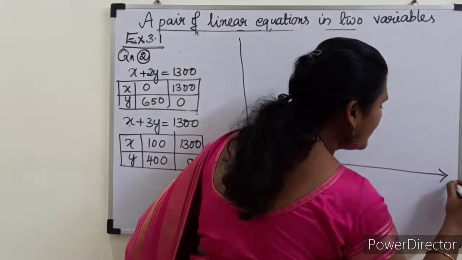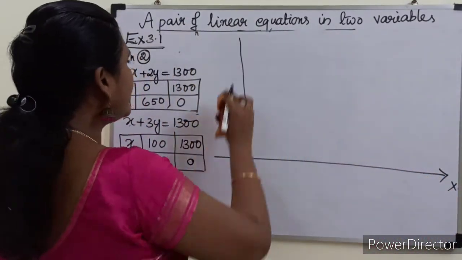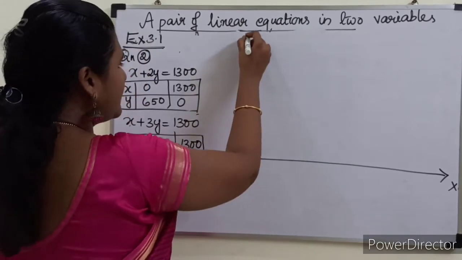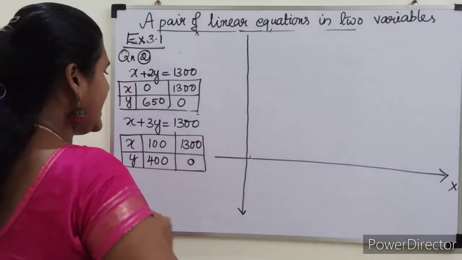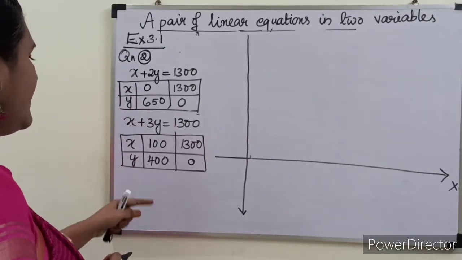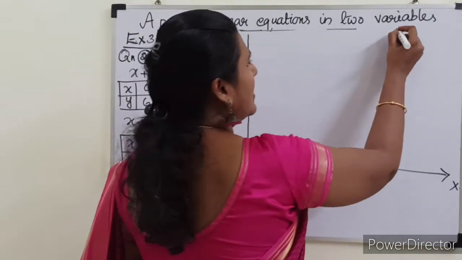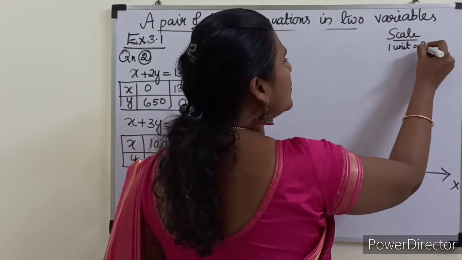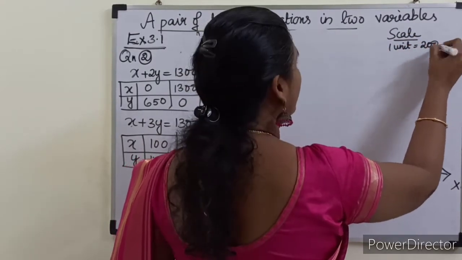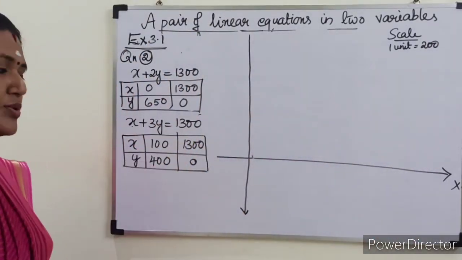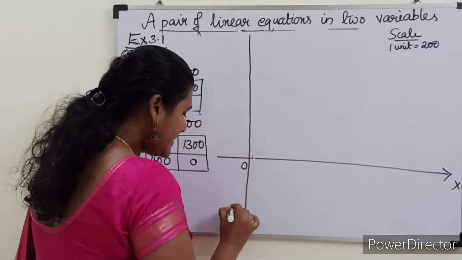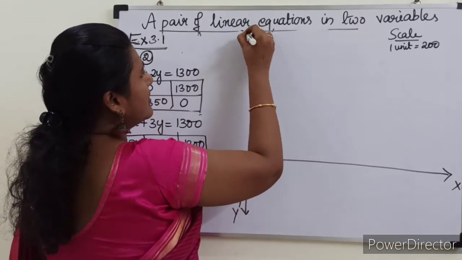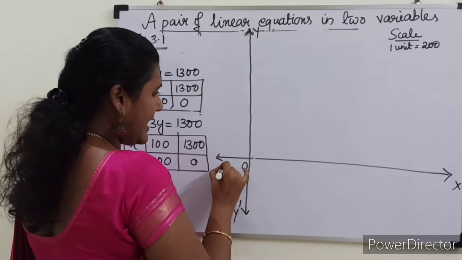Here you have to listen to one thing very carefully. Here the numbers are 650, 1,300. We have bigger numbers, so we will use a scale. Here we will take 1 unit equal to 200 rupees. So we will mark this as y dash, y, x dash.